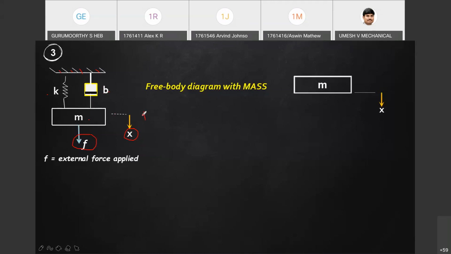In the upward direction, because of displacement, the spring and damper oppose any displacement given. Oppose means it will be in the upward direction.